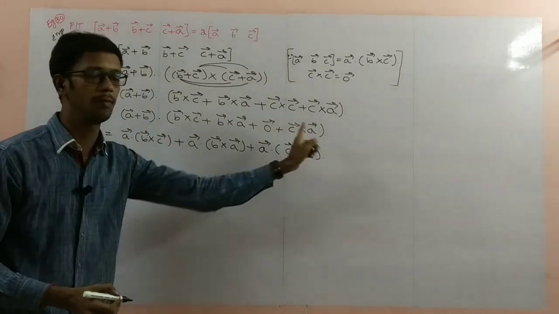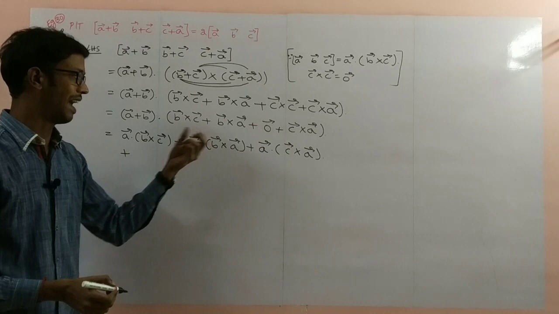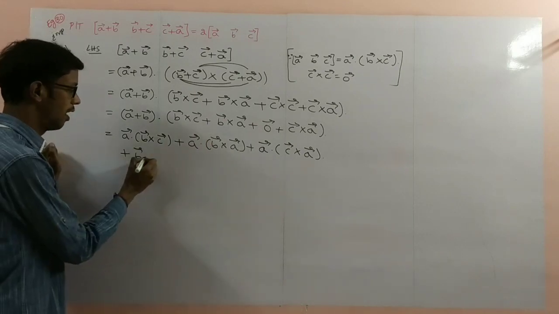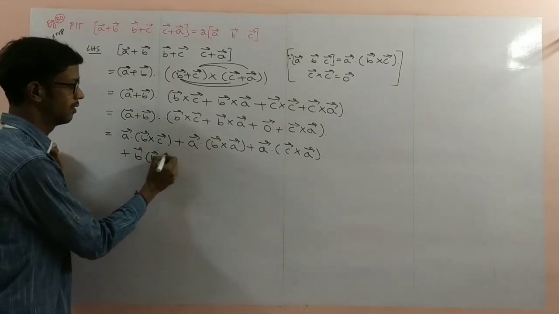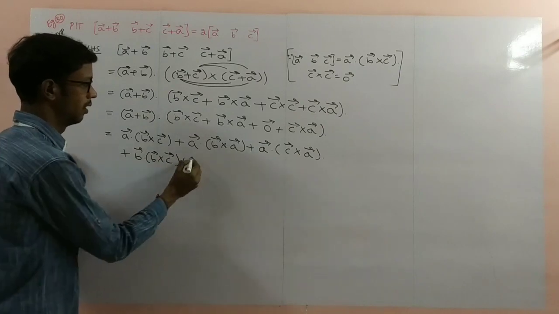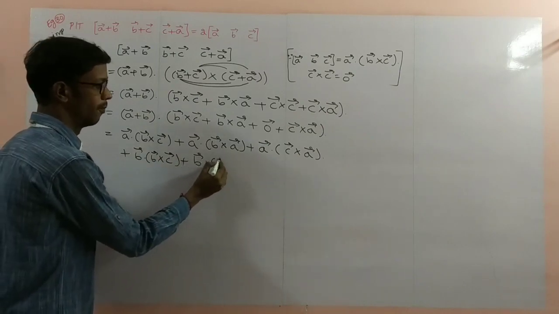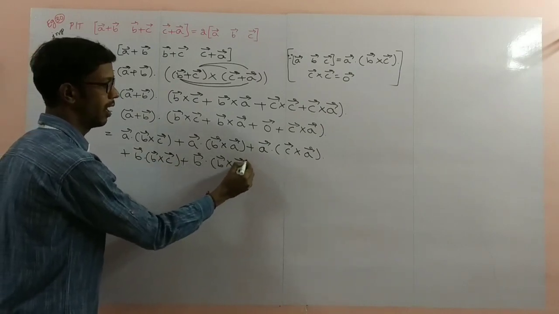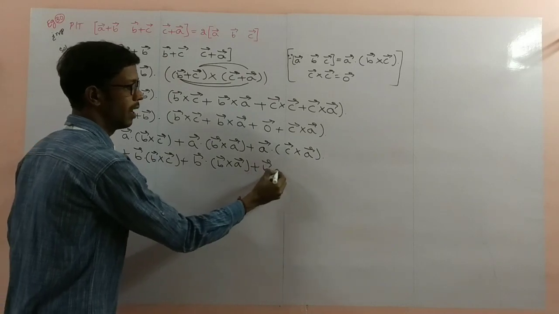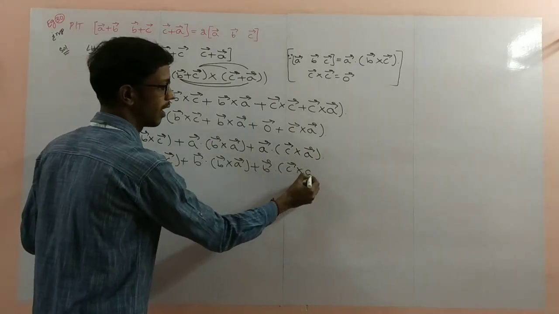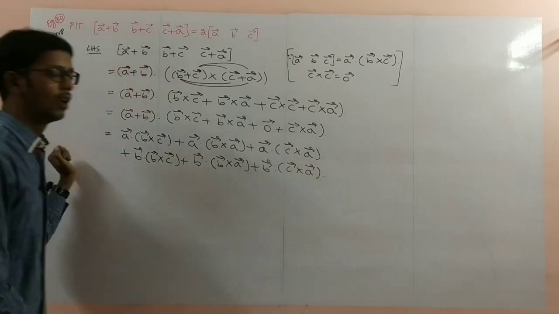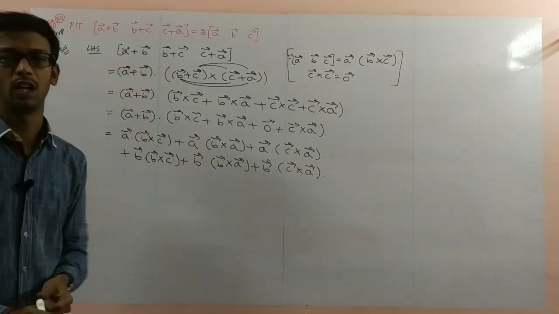So B bar multiplied with the total bracket: B bar dot of B bar cross C bar plus B bar dot of B bar cross A bar plus B bar dot of C bar cross A bar. So now the dot product is completed.